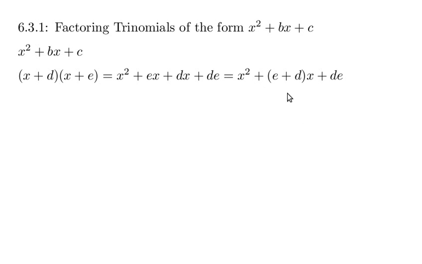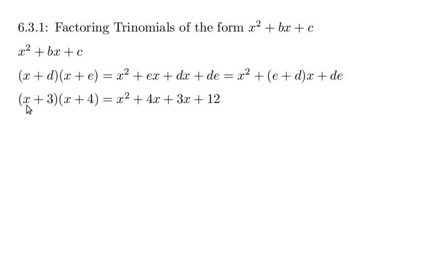Let's do a slightly more specific example. Let's actually do the example I was talking about before, just so we can see this a little bit less abstractly. If we have x plus 3 times x plus 4, let's go ahead and multiply this together. We'll get x squared plus 4x plus 3x plus 12.